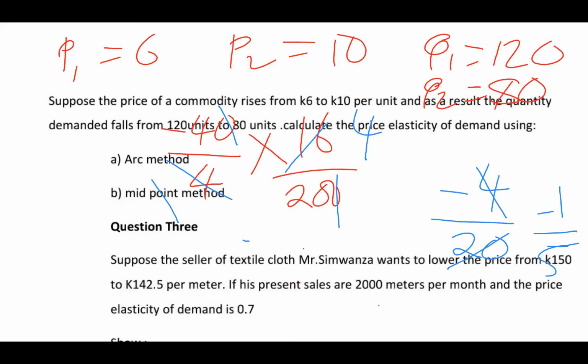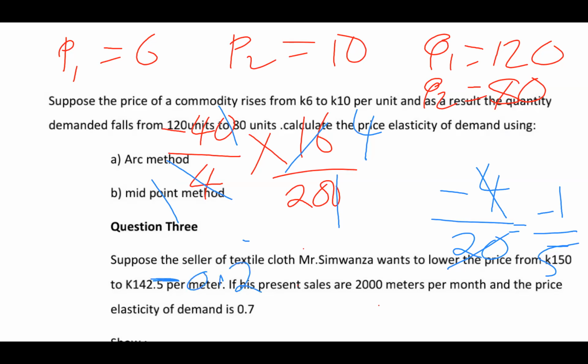So what is negative 1 divided by 5? We have just reduced the equation. Negative 1 divided by 5 is negative 0.2.